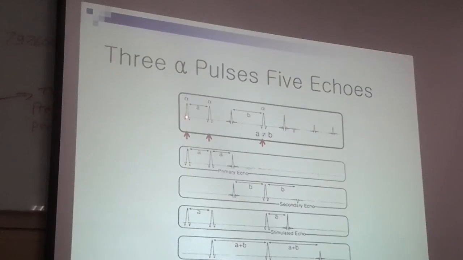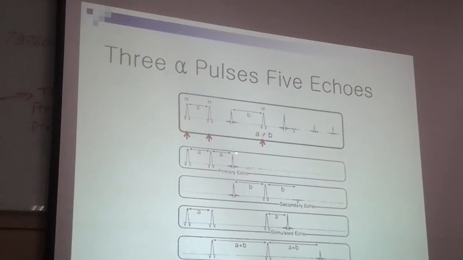In general, these RF pulses have a flip angle of alpha, so it's a general RF pulse. Then 5 echoes are generated from the combination of 3 RF pulses. The figures below explain how these echoes are generated.